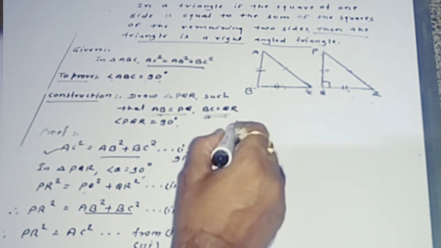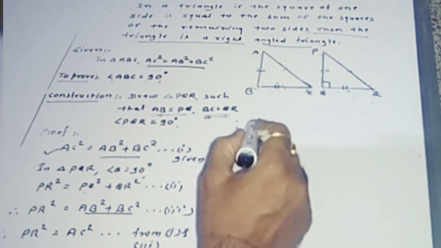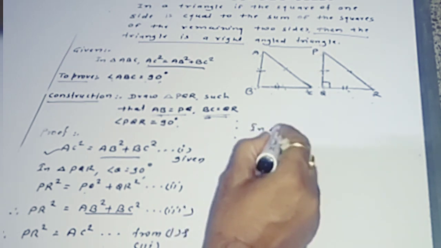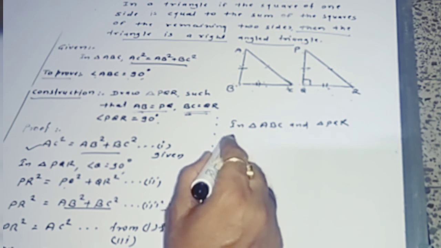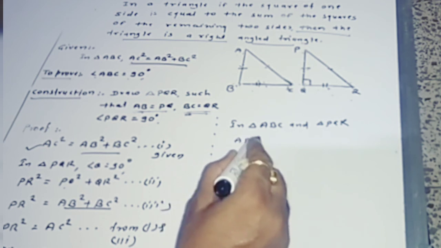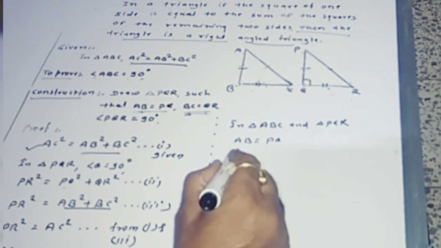Now see that in triangle ABC and triangle PQR, we have AB is equal to PQ, this is by construction.